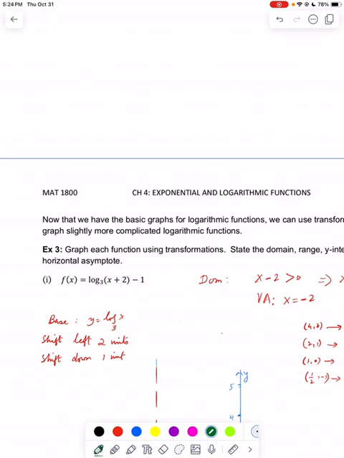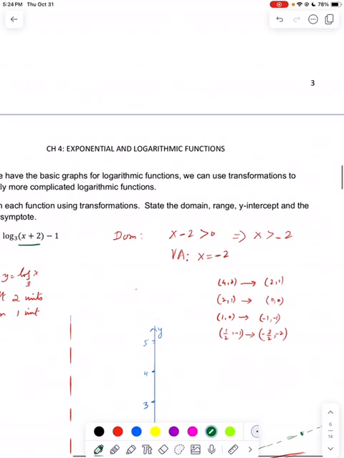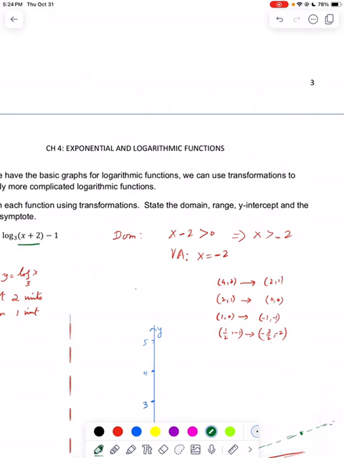But if there is a horizontal shift, right or left, the axis will move because it's a vertical axis. So in this one, you can see the x plus 2 is suggesting that there is a shift of 2 units to the left. Also, you can see from the domain, x plus 2 is greater than 0, which means x is greater than -2. So the minimum we can go is up to -2. So the axis will move to -2.